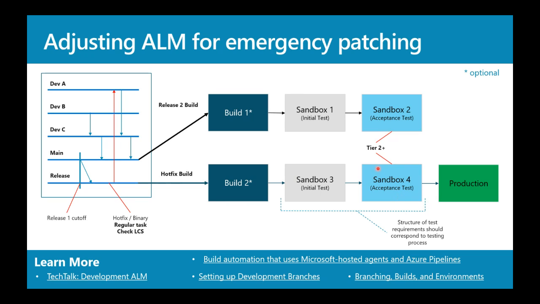Sandbox 4 is where you can test your emergency fix immediately, and where you could also debug through this database if you need to debug a critical issue that is maybe data related. It's also important to mention that the build servers here could be optional and could be replaced by Microsoft hosted agents and Azure Pipelines. For more information about all of this, I refer to a very interesting tech talk at the bottom regarding development ALM. There are some other interesting articles as well on this slide.